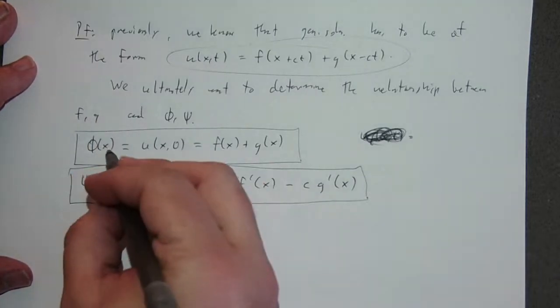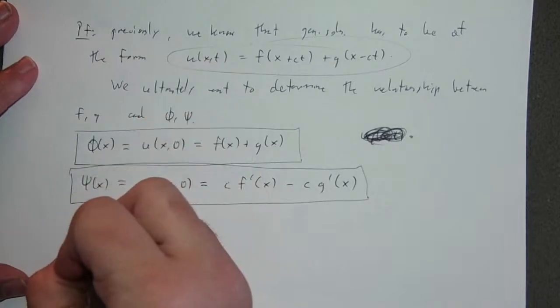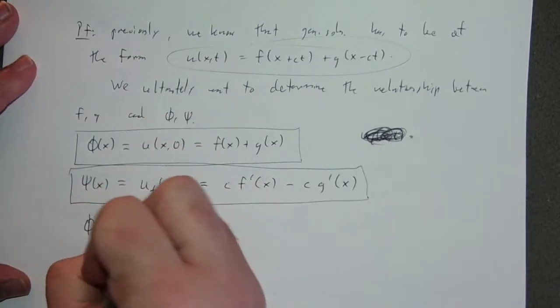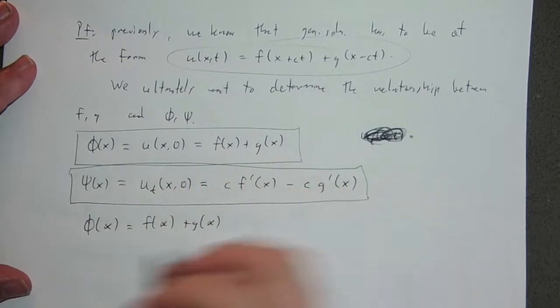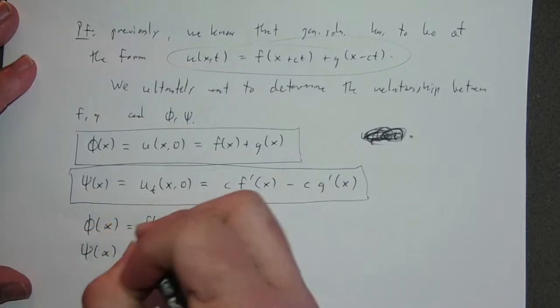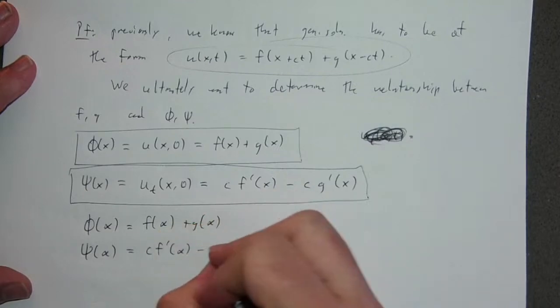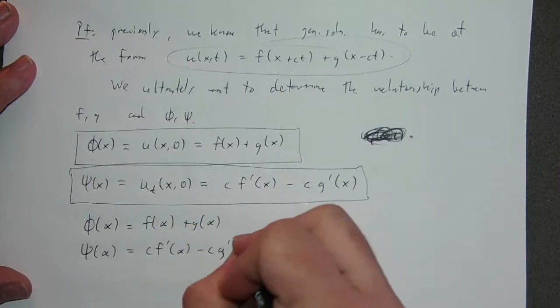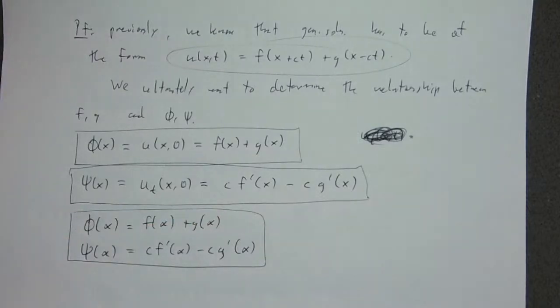So replace x with, say, alpha, just some dummy variable alpha. So rewrite these two expressions: phi of alpha is f of alpha plus g of alpha, and c of alpha is c f prime of alpha minus c g prime of alpha. Okay, so here are my two expressions for phi and c.